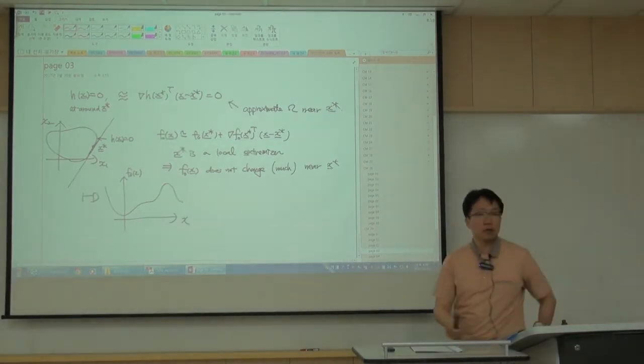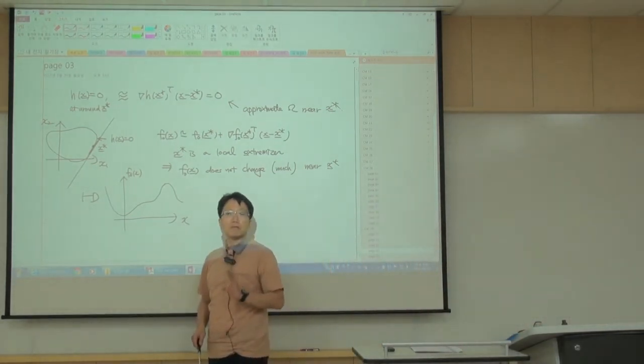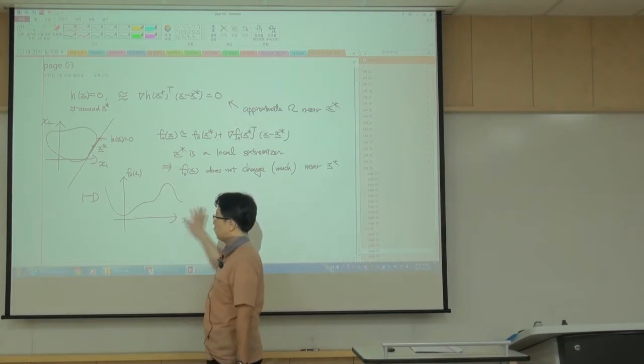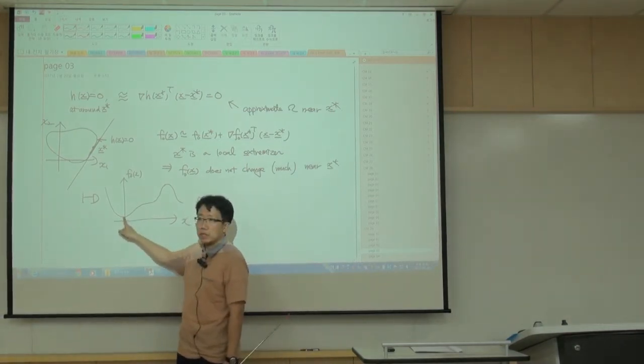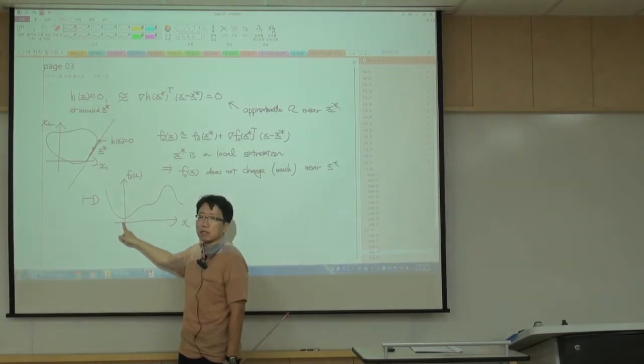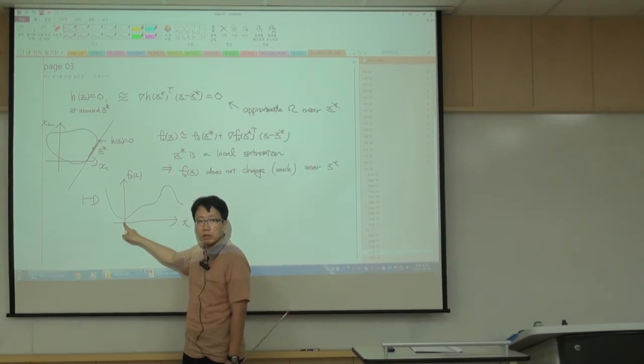What are the local extremizers? How did we define them in the unconstrained optimization problem? For example, here, this point, I claim this is a local extremizer. Why? If you move around here, the functional value does not change much.